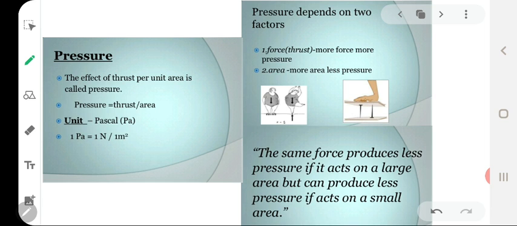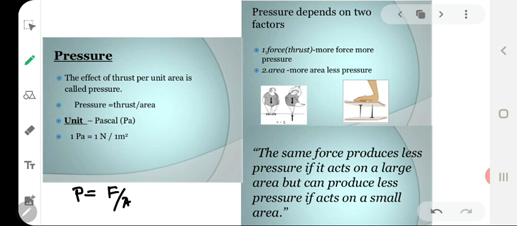So once again we can study that the thrust per unit area of contact is called pressure, and pressure is given by the formula thrust by area. We can also write P equal to F by A. And as I told you, the SI unit of pressure is Pascal. 1 Pascal is equal to 1 Newton by 1 meter square.